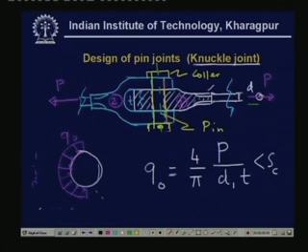In that case, if you do the same analysis, we have q naught times the total area, which is d1 times t, equal to P. So q naught will be equal to P divided by d1 t.